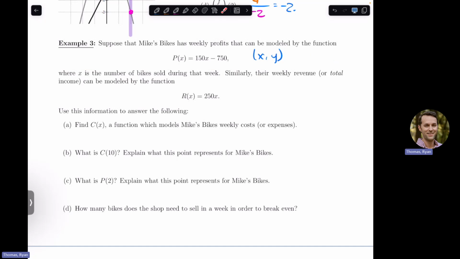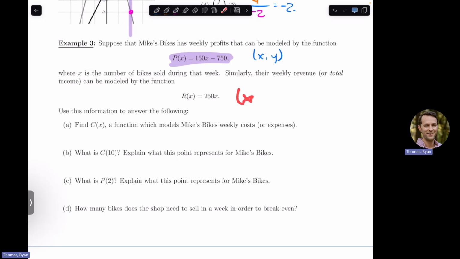Okay, so what we have here is a profit function. I even called it P of X, so it'd be easy to remember that it's profit, where the X values are the number of bikes that they sold and P, the Y values, are their profits, income after expenses. Similarly, weekly revenue or total income can be modeled by the function R of X is 250X.